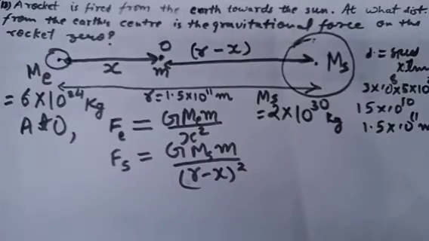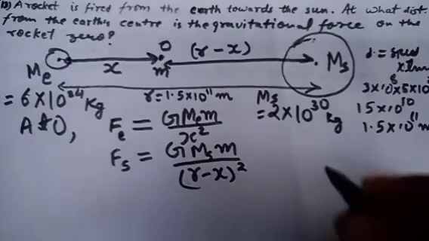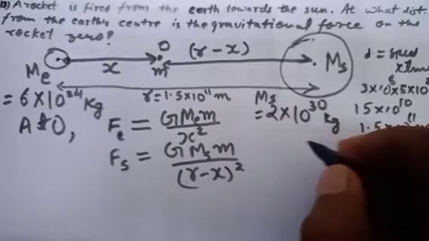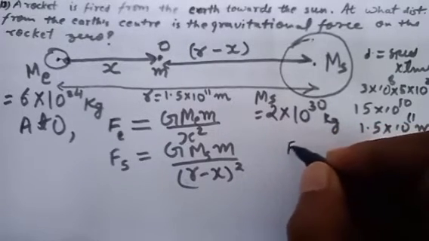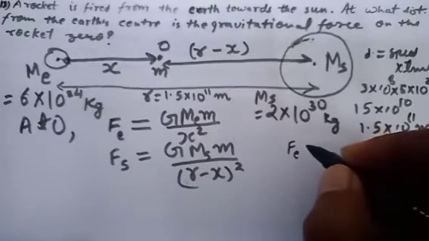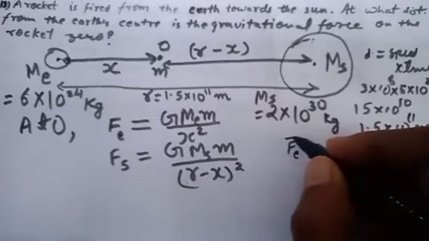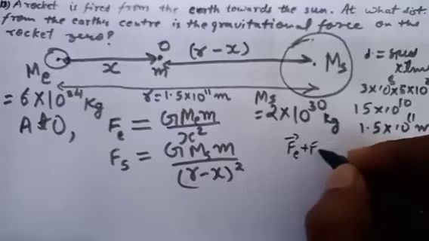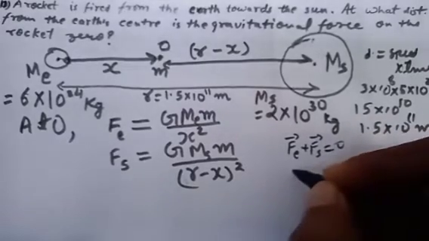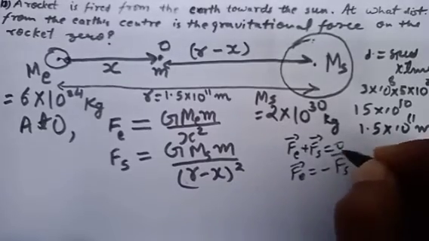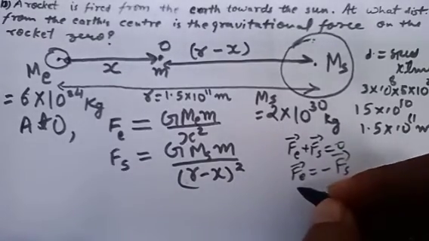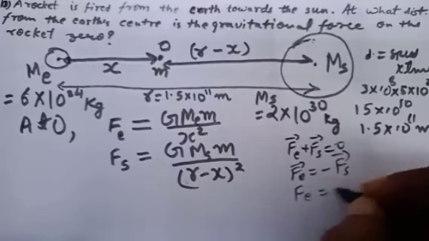If we want to go logically and want to explain every information here, we can say that net force acting on it is 0. So Fe vector plus Fs vector is equal to 0. So Fe vector is equal to minus Fs vector. And if we remove vector sign, so Fe is equal to Fs.